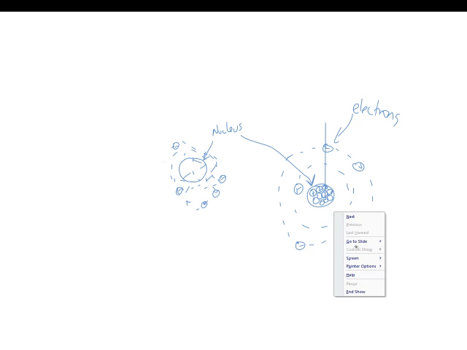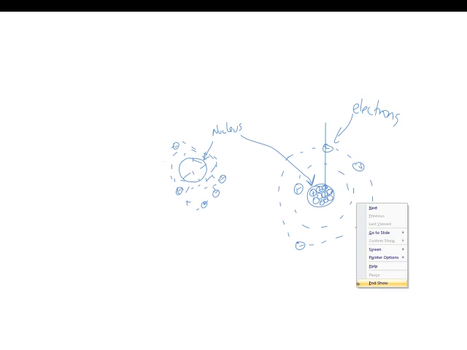Let me see if I can erase it. That's a strange anomaly. I have no idea how that line showed up. But anyways, you have protons, which I'm going to denote with positive symbols, plus signs, and you also have neutrons, which don't have a symbol because they don't have charge.